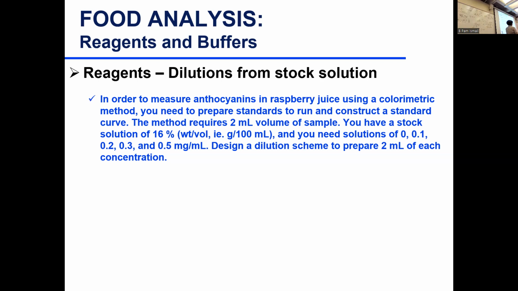It will be 2 milliliter of water or buffer, depending on your experiment. And then you want to have 0.1 milligrams per milliliter standard, and 0.2, 0.3, and 0.5 milligrams per milliliter standard. So you want to design the dilution scheme from your 16% stock solution. Give it a thought. What would you do and how much would you take from your stock solution to prepare those 5 standards? Okay, so give it a thought on your own and we will go over it together.